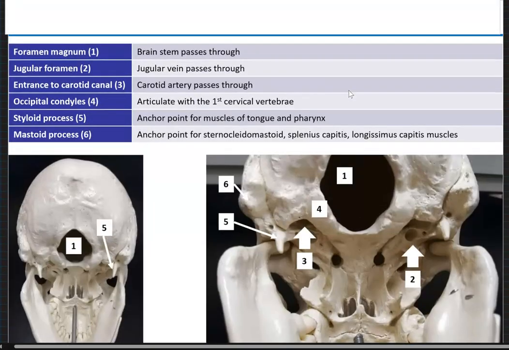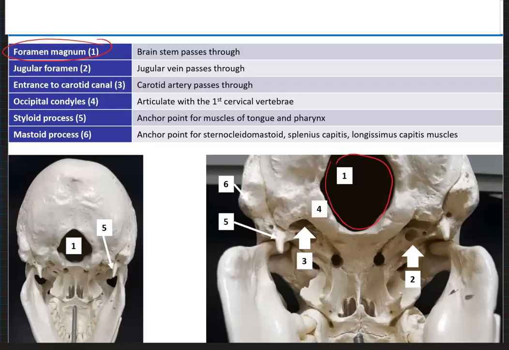So here are some openings within the different parts of the cranium. First of all, probably the most notable here is the foramen magnum. Foramen magnum is the opening through which brain stem passes. Then we have jugular foramen.